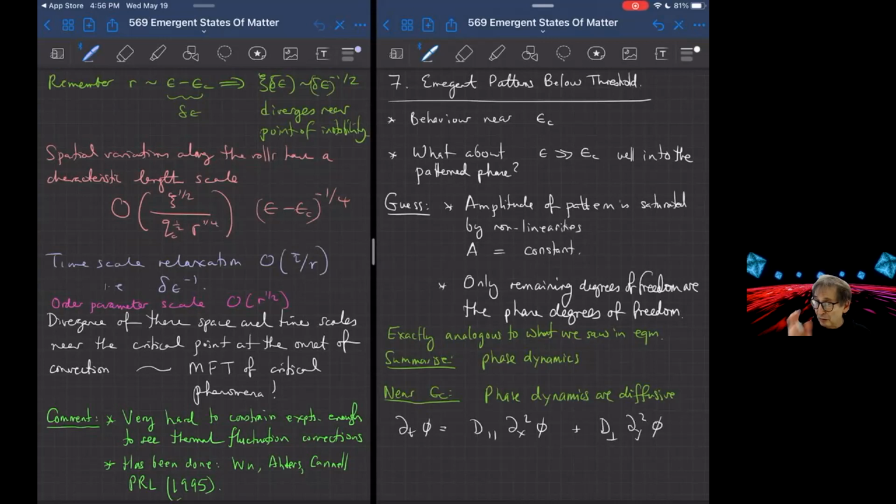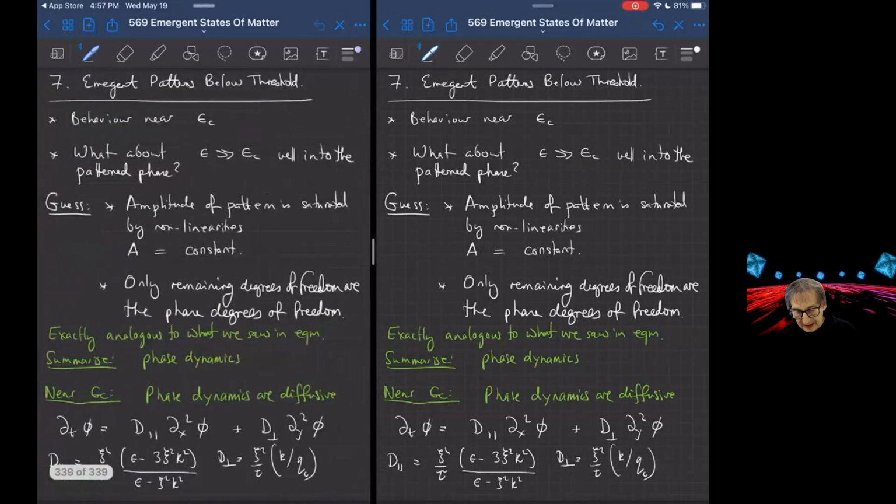So I've got anisotropic phase diffusion because I've got rolls that are anisotropic, and d parallel turns out to be xi squared over tau times epsilon minus 3 xi squared k squared over epsilon minus xi squared k squared, and d perpendicular is xi squared over tau times k over qc.